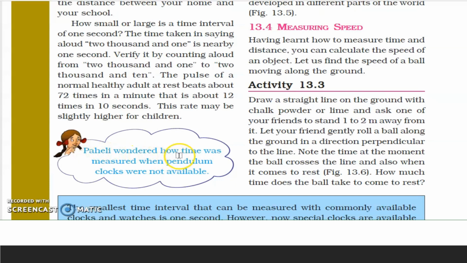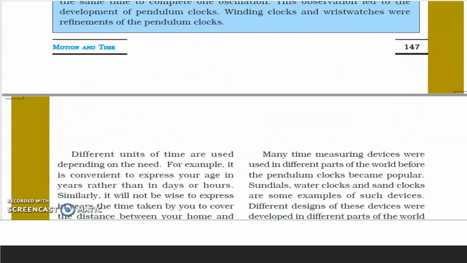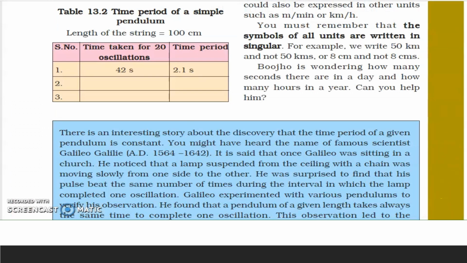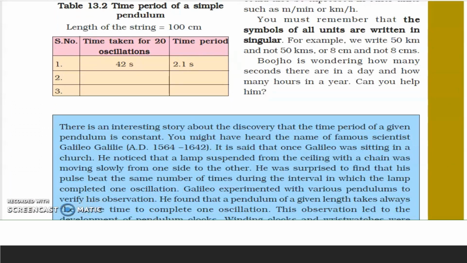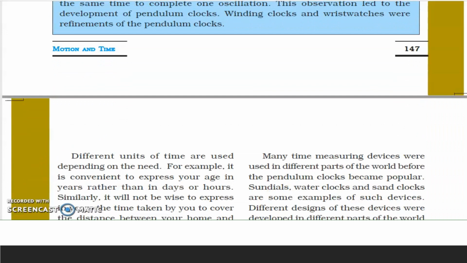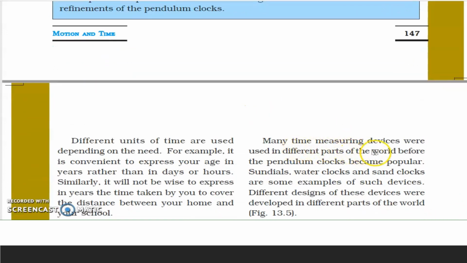Paheli wondered how time was measured when pendulum clocks were not available. Many time measuring devices were used in different parts of the world before pendulum clocks became popular. Sundials, water clocks, and sand clocks are some examples of such devices.